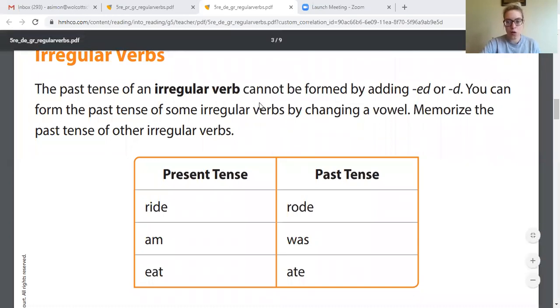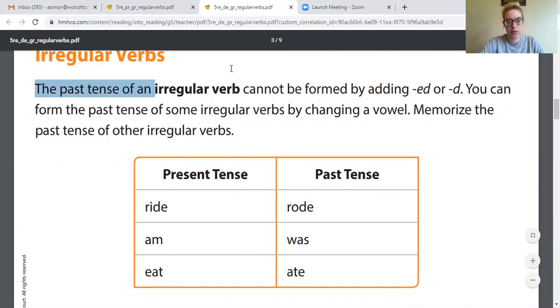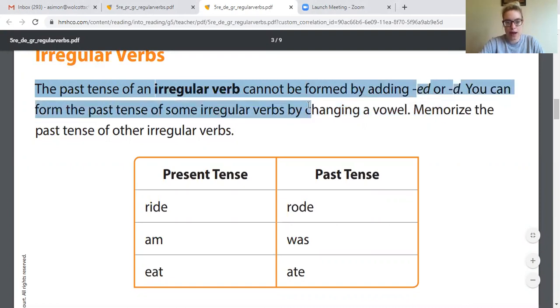All right. On your screen, you should see the slideshow of irregular verbs. In your notes, go ahead and write down that the past tense of an irregular verb cannot be formed by adding ed or d. Some irregular verbs you can form by changing the vowel.